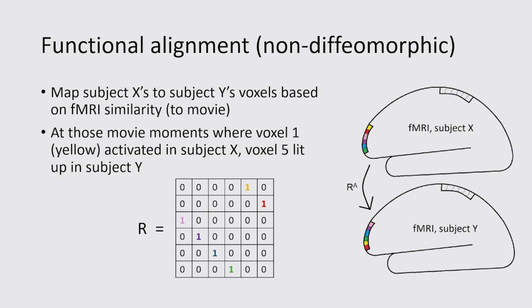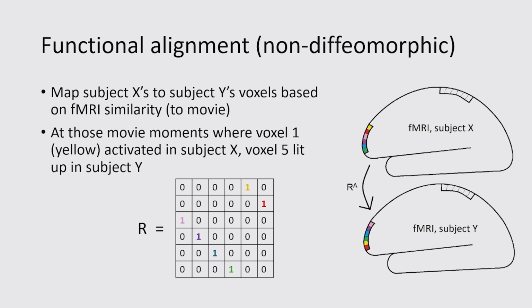Functional alignment essentially aims to find a transformation matrix to convey that information. And that's the matrix you see on the right, on the bottom, which is labeled R. You can see that the R matrix has a 1 in the first row and 5th column.